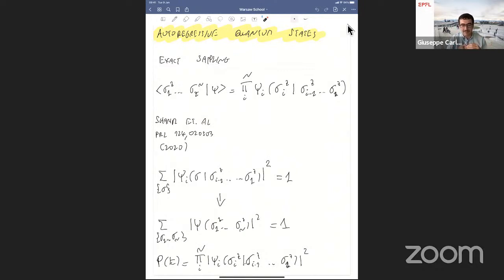The sign problem happens when you typically have fermions or frustrated spins. In these cases, you need to introduce some extra approximations when you do the quantum Monte Carlo, so it is not exact anymore as before.